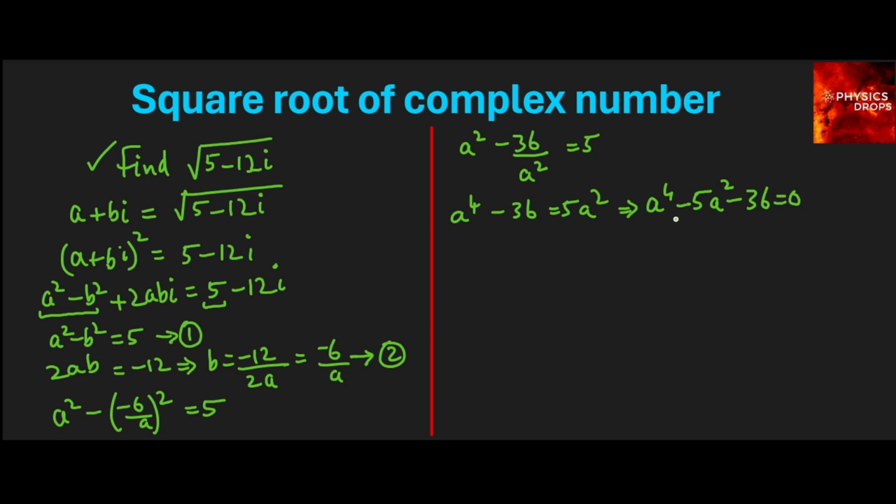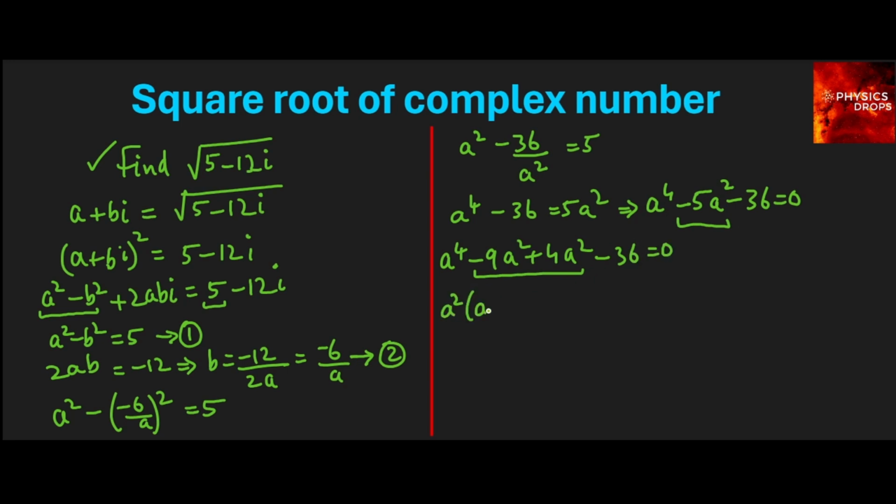Let's split the middle term and factorize this. We get a power 4 minus 9a square plus 4a square, since minus 9 plus 4 is minus 5, minus 36 equals 0. So let's factorize.